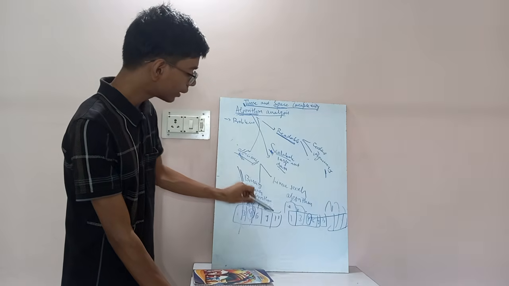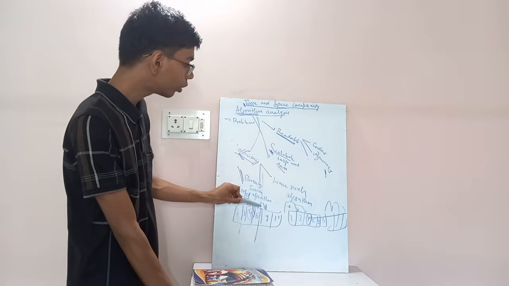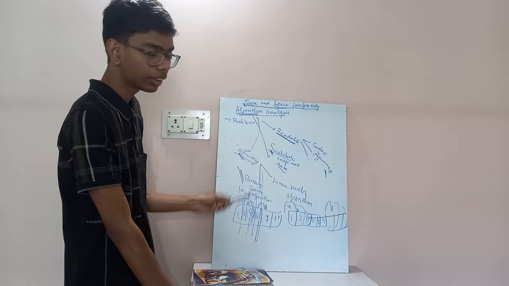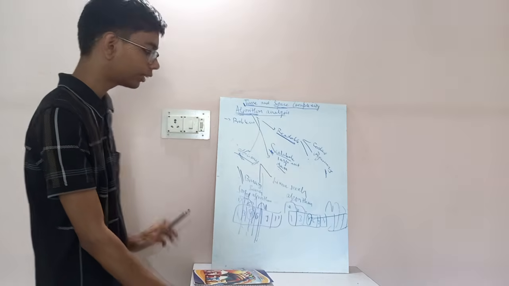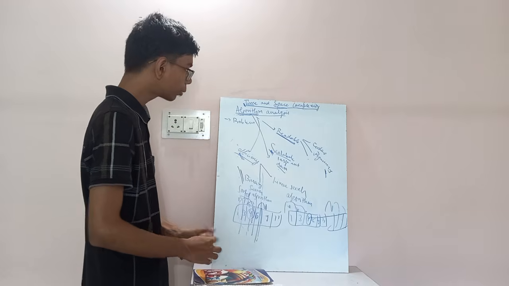For a million data, I can simply go to the middle, then again to the middle, and then again to the middle, and then I will get my element where it is.